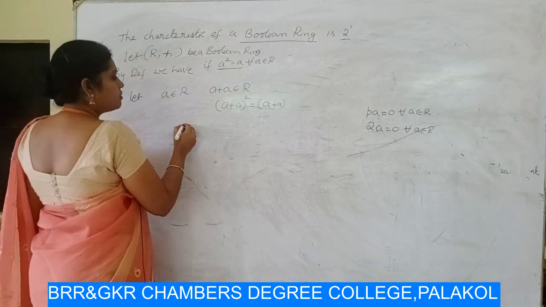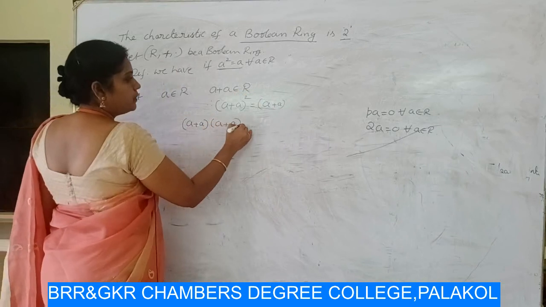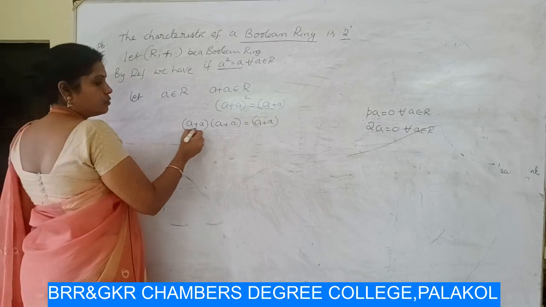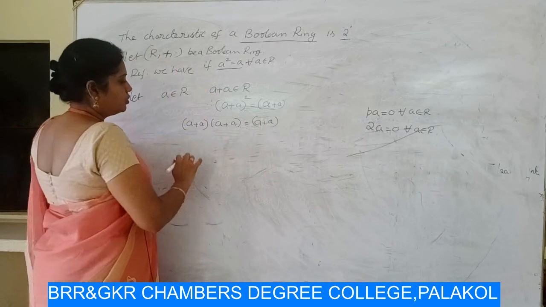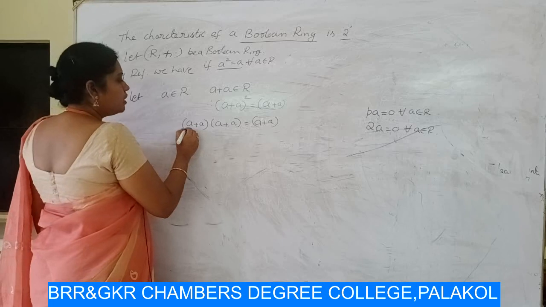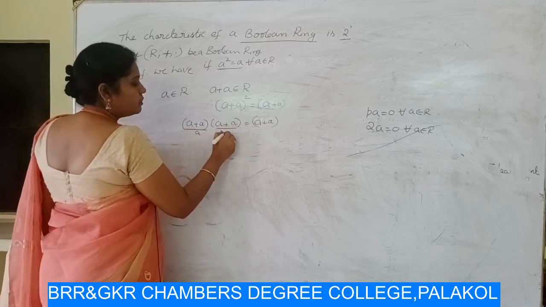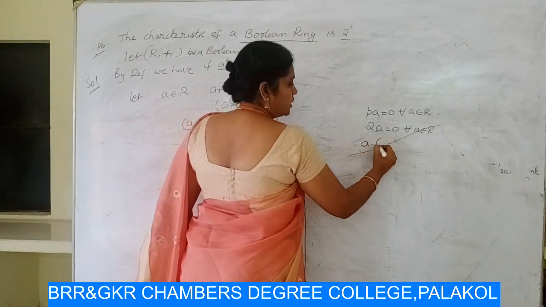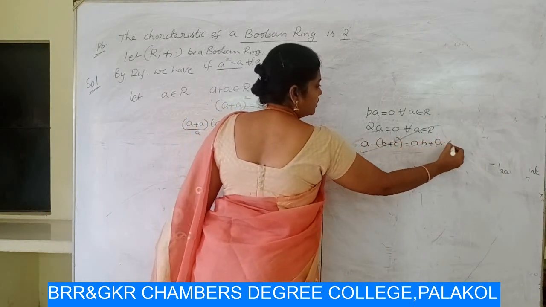Now a plus a whole square can be written as a plus a into a plus a, that is equal to a plus a. Now applying the distributive laws to a plus a into a plus a, because our R is a Boolean ring, so that ring satisfies all the properties of a ring. So a plus a can be treated as a, and a plus a can be treated as b plus c. Now apply the left distributive law, that is a into b plus c is equal to a dot b plus a dot c.